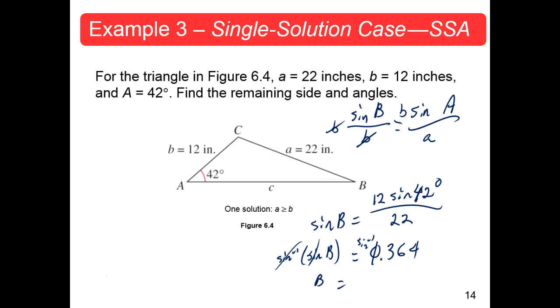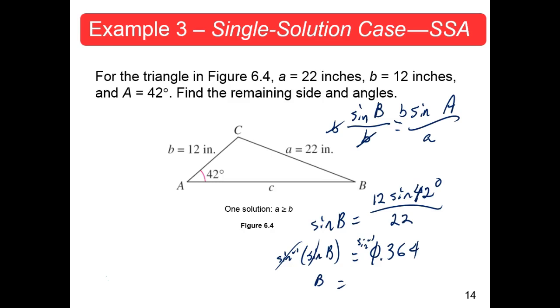The angle B doesn't look like a negative angle, does it? What do you get?